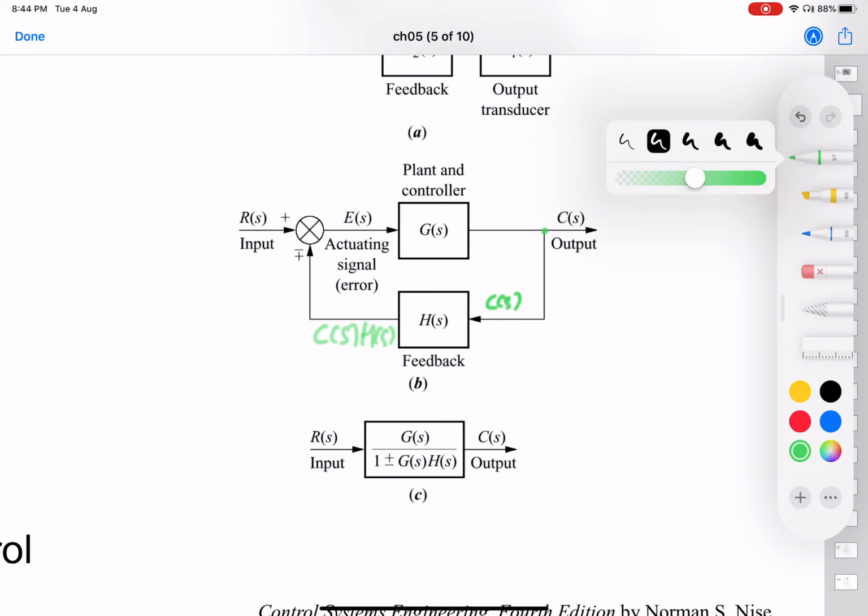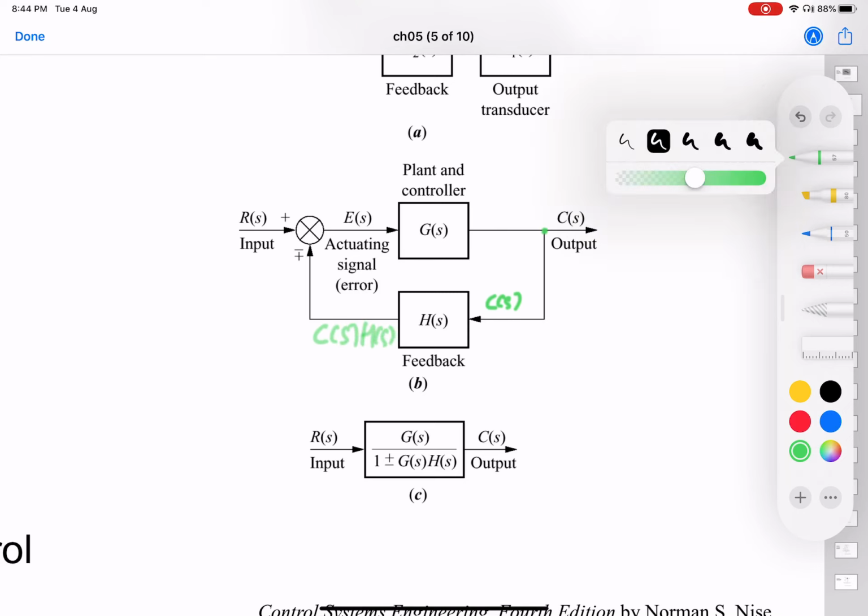So from this relationship, you can write down the relationship between Cs and Rs. If you want to simplify this further, I can write down Rs into Gs is equal to Cs plus Cs into Hs into Gs, right?